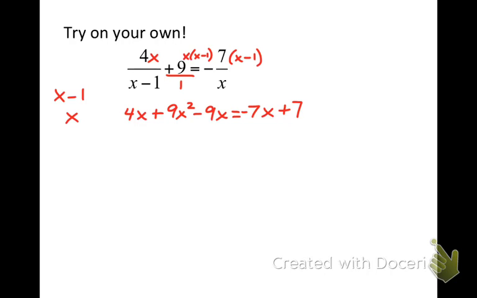Yep, so let's move everything over there and combine like terms. So maybe we should combine like terms first. 4x and negative 9x would go to, yeah, so we get 9x squared minus 5x equals negative 7x plus 7. So move everything to the left side, add your 7x over, subtract a 7 over.